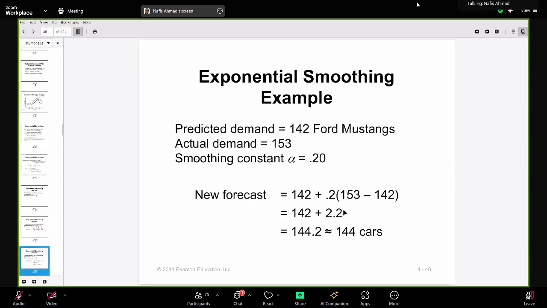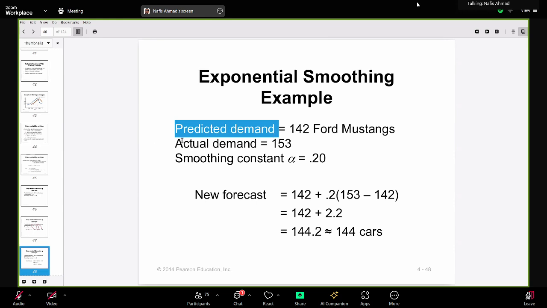So here is an example. Predicted demand is equal to 142 for Mustangs of the previous period. For example, demand of Ford Mustang in the month of October was 142, which was predicted, forecasted demand.